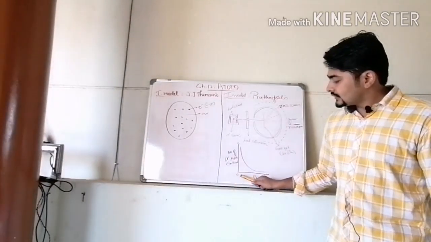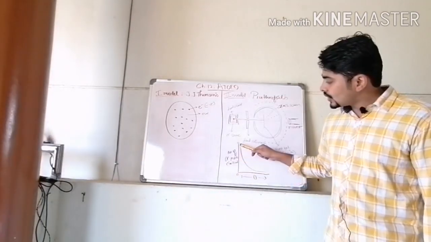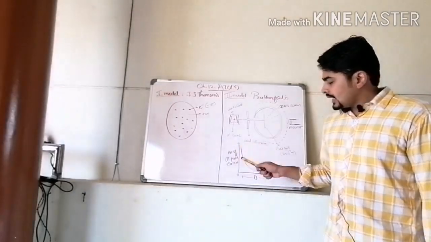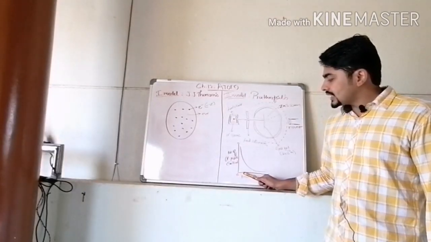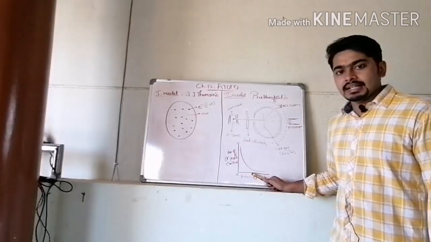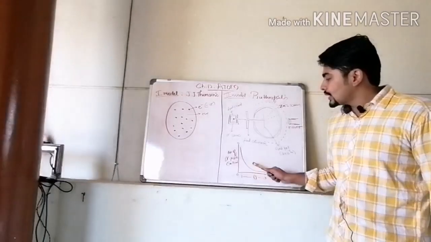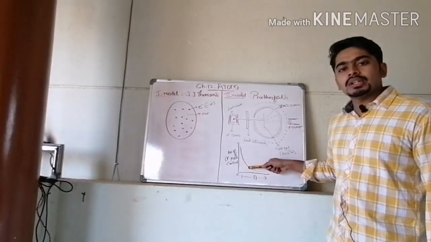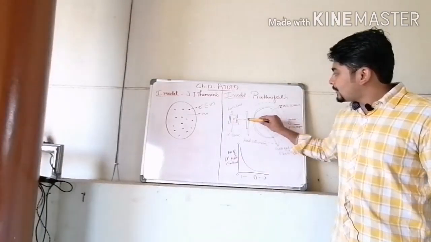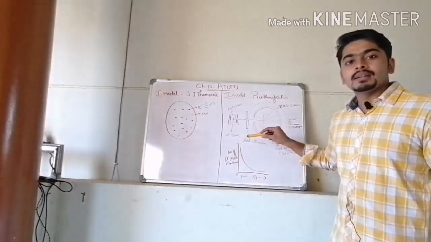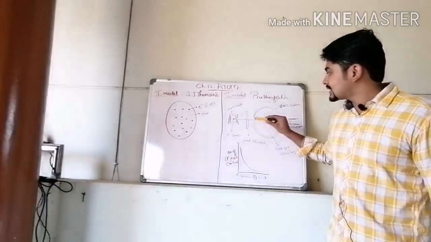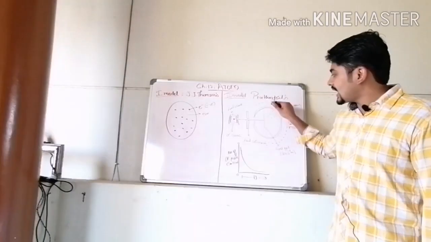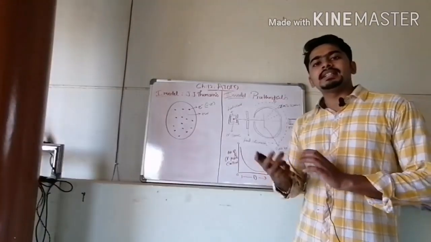For zero angle, he got the maximum number of scattered alpha particles, and then as he goes on increasing the scattering angle, the number of alpha particles goes on reducing. Maximum number of alpha particles travel in a direct manner, and only a few of them are scattered. What is the reason behind this?